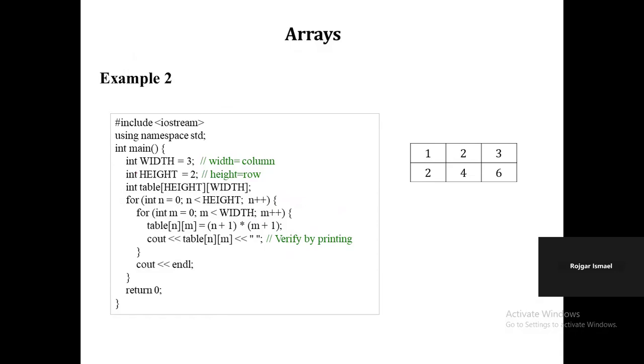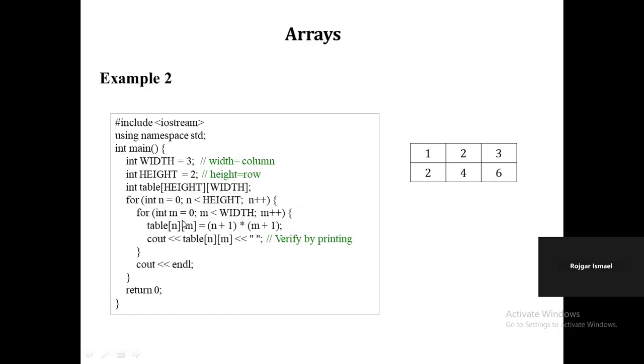Width denotes the column, height denotes the row. Declaration here, this is a loop for row and the column.